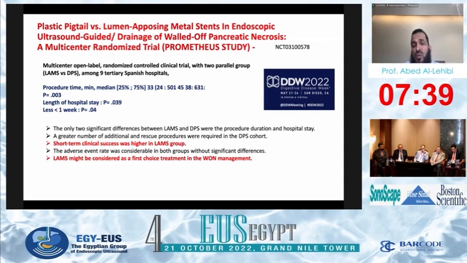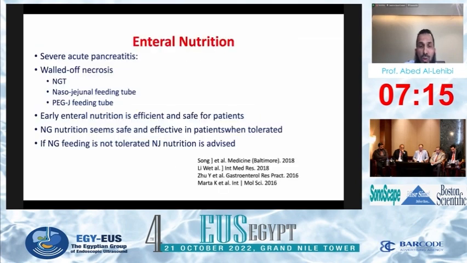As you see here, there is no difference, except in procedure time and length of hospital stay, where less than 1 week is very significant between the two groups. At the same time, the short-term and long-term outcomes are almost similar, but still in their recommendation, they recommend LAMS to be inserted for patients with walled-off necrosis.